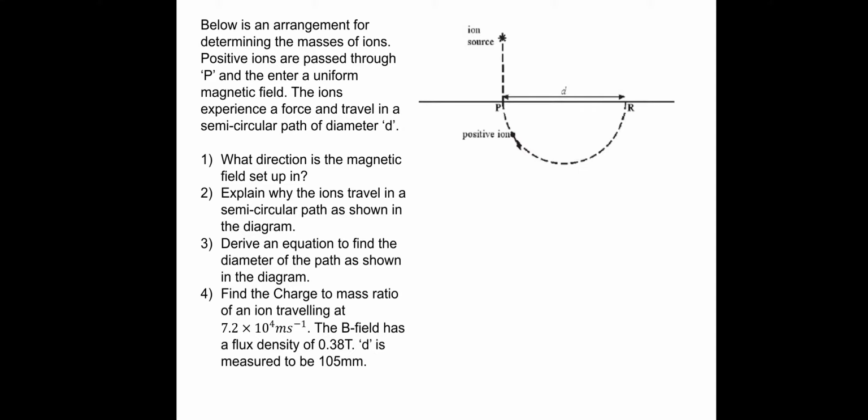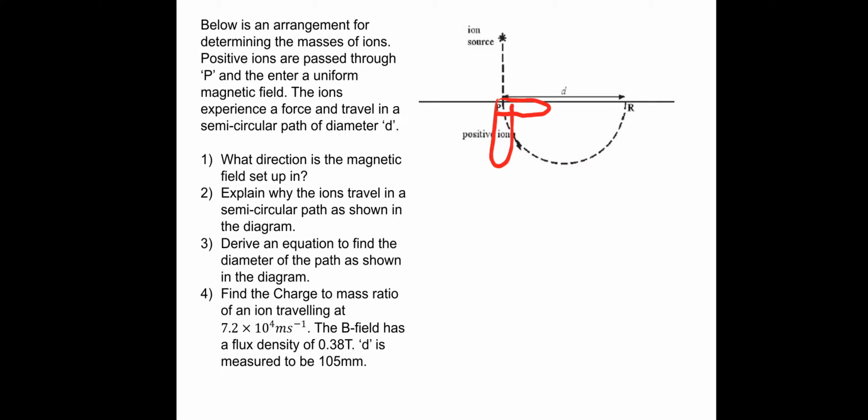So if you use your left-hand rule, the ion source, the positive ions, so positive to negative, as it's entering point P, your second finger should be pointing in this direction. The force that's experienced is pushing in this direction, so your thumb should be in that direction.